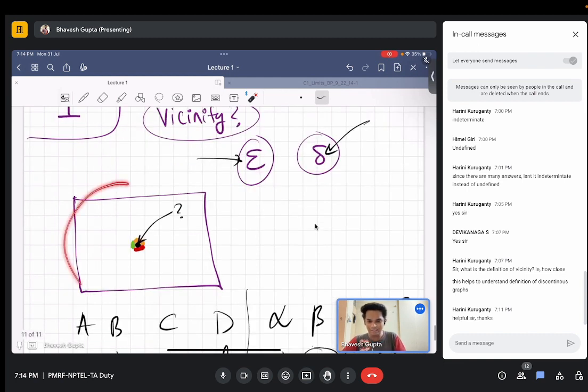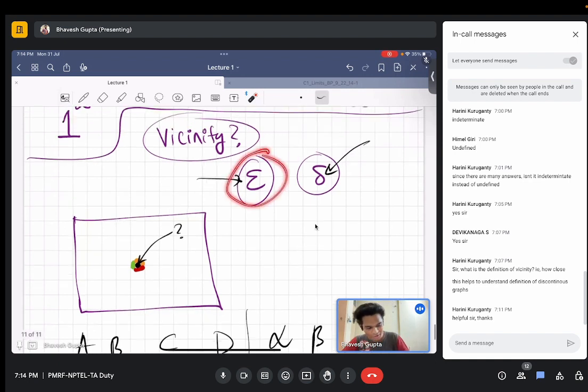Over here, I said everything through English, through pictures. But how do I write this mathematically? So I need these notations, and this notation plays an important role. Whenever you see these small Greek letters, the picture in your head should be that they are small quantities.